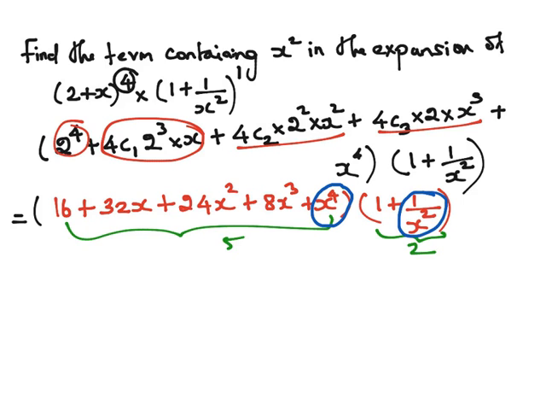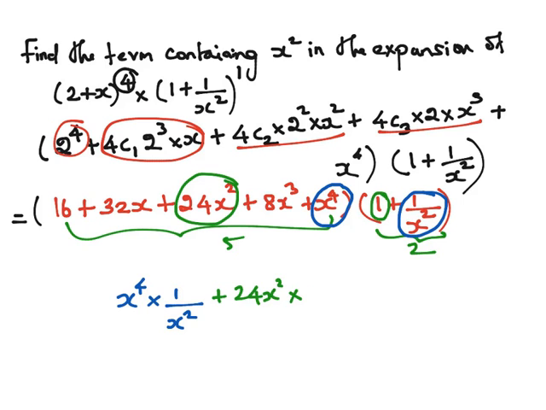X power 4 into 1 by x squared will definitely give me x squared. So x power 4 multiplied with 1 by x squared. Also, if I multiply this and this, I will still get an x squared term. So plus 24 x squared into 1.